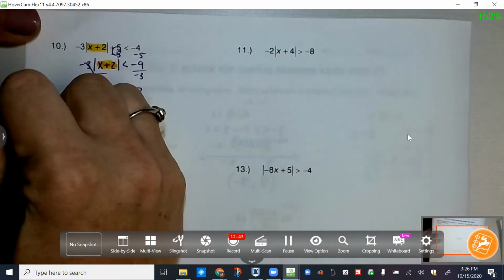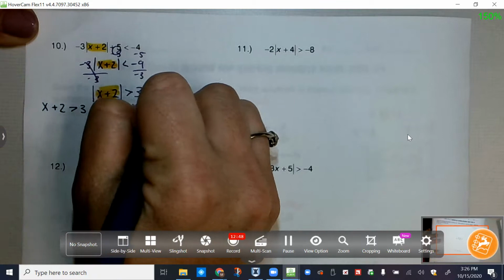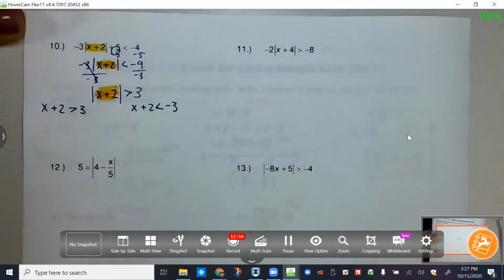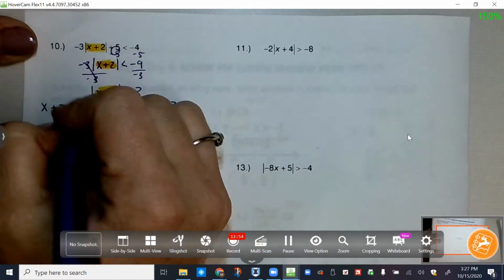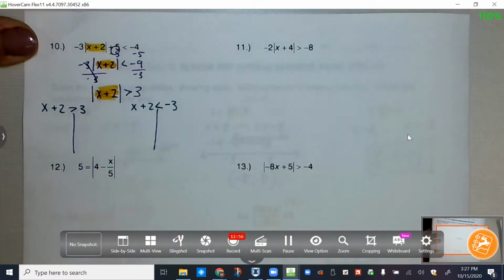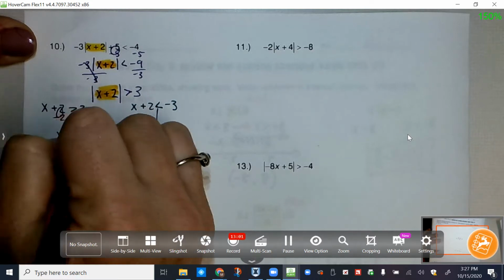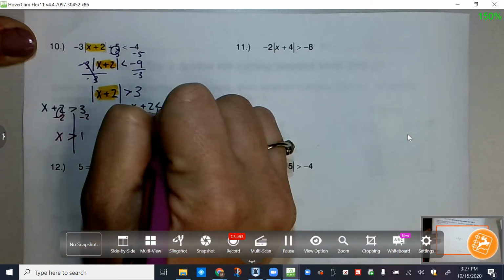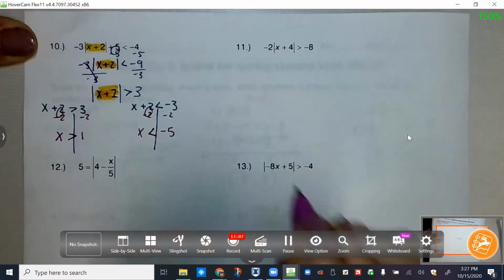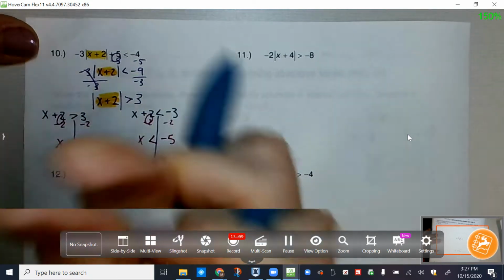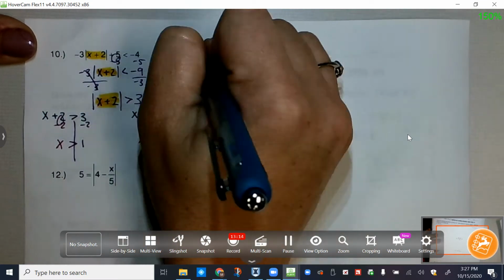So x plus 2 is greater than 3. X plus 2 is less than negative 3. Flip your symbol, opposite after. Okay, so when I solve, I'm going to do minus 2, and I get x is greater than 1. Minus 2, I get x is less than negative 5. So on my number line, I have negative 5 and 1.